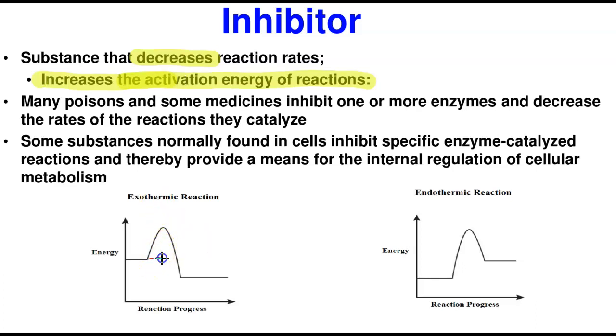So if you look at this now, again, this is the normal activation energy. What this thing does is to increase this, and then we're going to have a different activation energy that is larger than the old one. And in this process, it decreases the rate of chemical reaction.